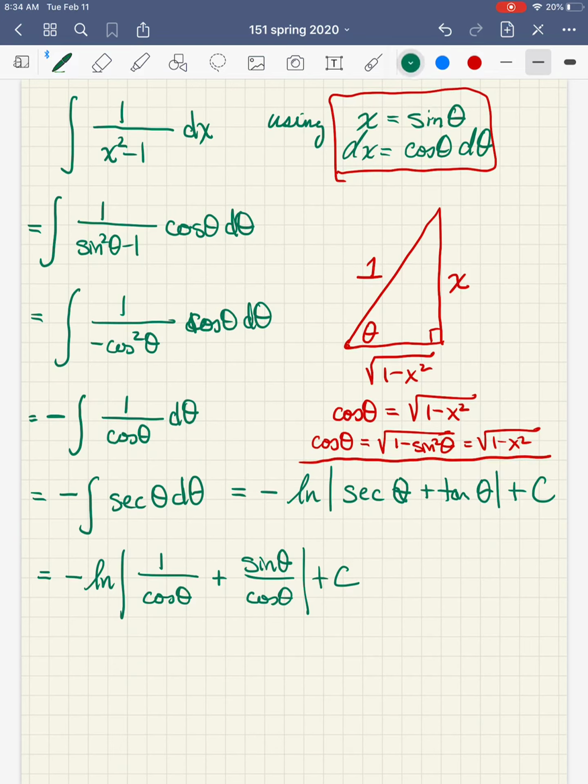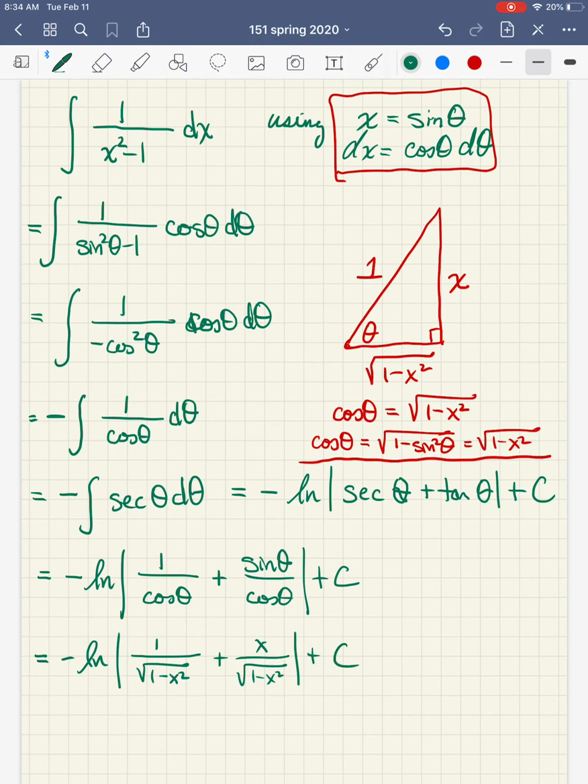But in any case, we're ready to switch back to green and plug everything in, and we get 1 over cosine, so that's going to be 1 over the square root of 1 minus x squared plus x over the square root of 1 minus x squared.